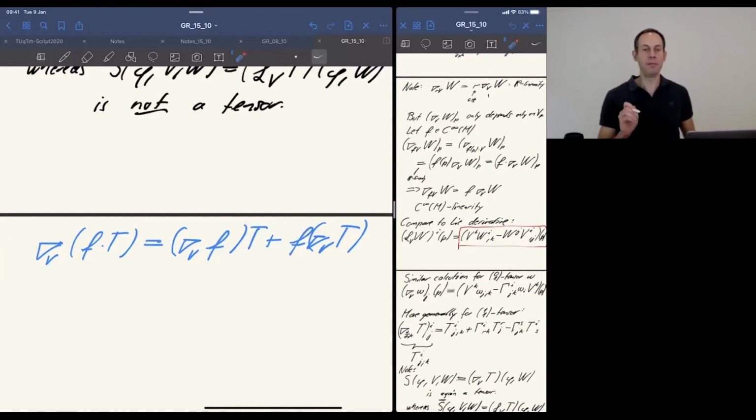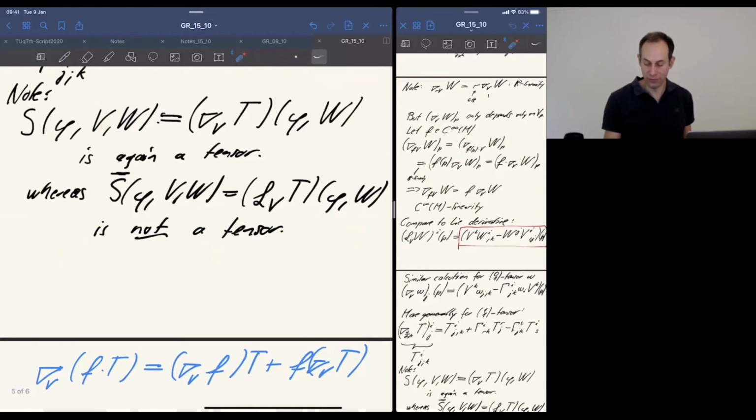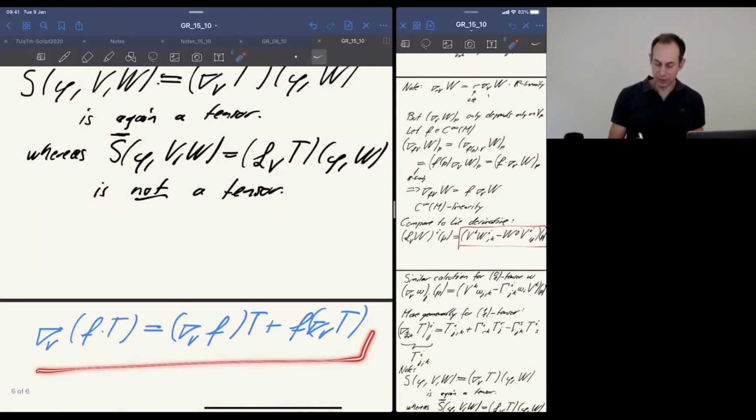What I mentioned before is only C infinity linearity in the argument here in V. And that argument is the one where you feed in T. This is not the same as the arguments here of phi and W. These are the arguments that are fed into T. So the question was essentially, doesn't this somehow contradict?